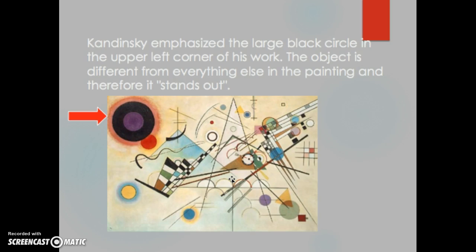The focal point does not have to be smack dab in the middle. We learned this using our rule of thirds and our divine proportion, correct? Try as you might, there's so much stuff going on here. I really want to look at all these little shapes and things. My eye just keeps being drawn back to that upper left corner.